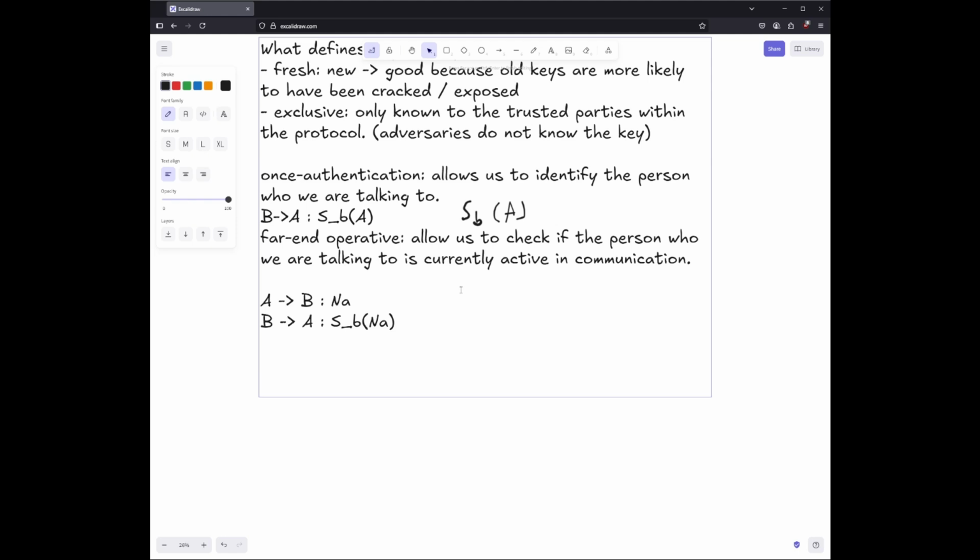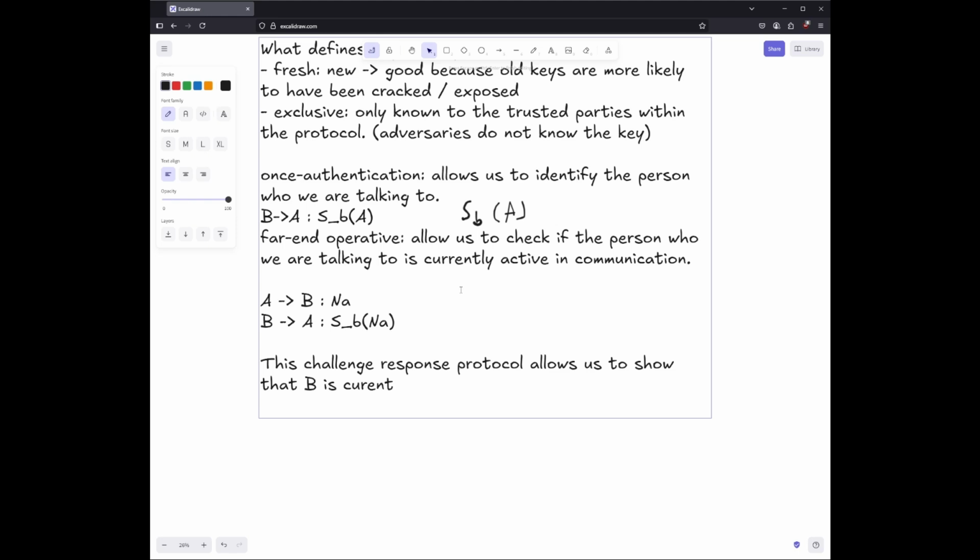So this challenge response protocol allows us to show that B is currently active, as the nonce is sort of being acted upon.